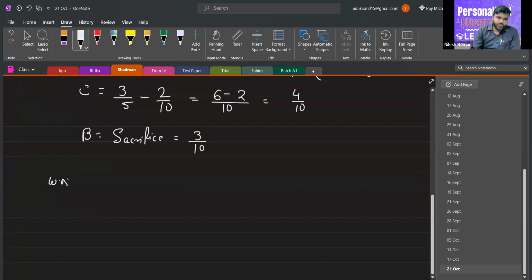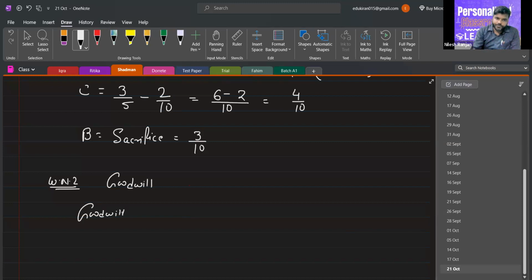Working note number 2: valued goodwill. Valued goodwill is given in the question. It is 1,20,000. From this goodwill of the firm, we have to calculate the share of the retiring partner.